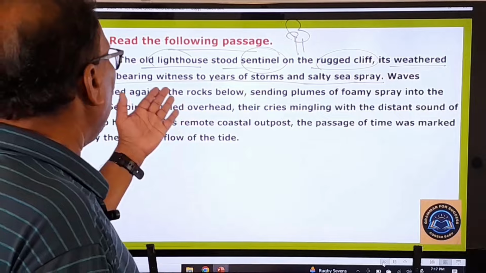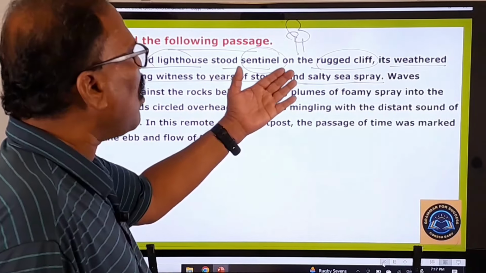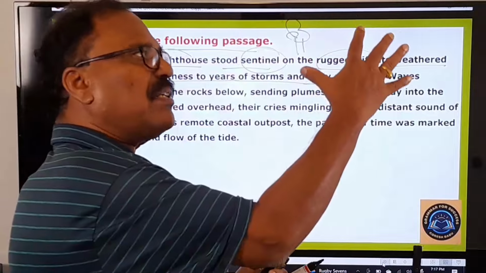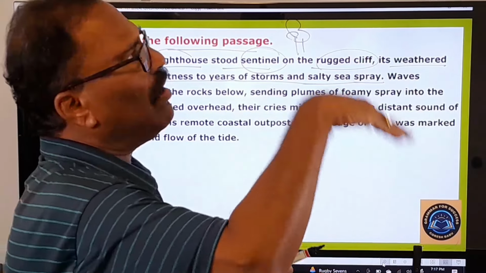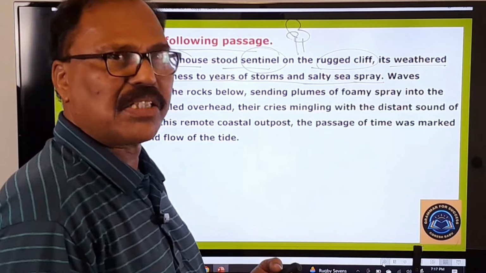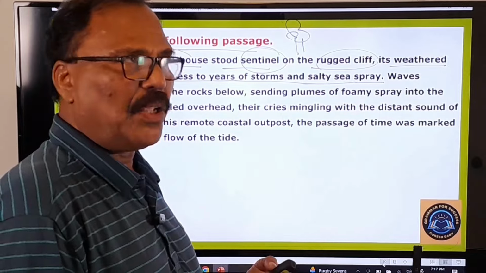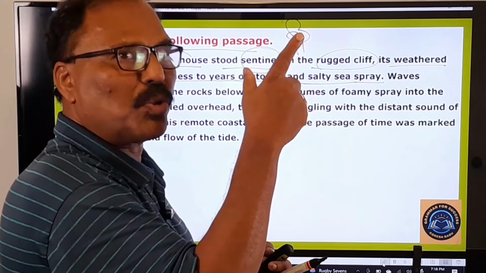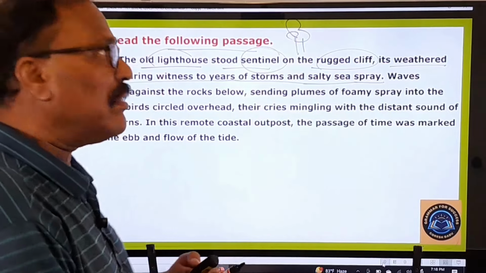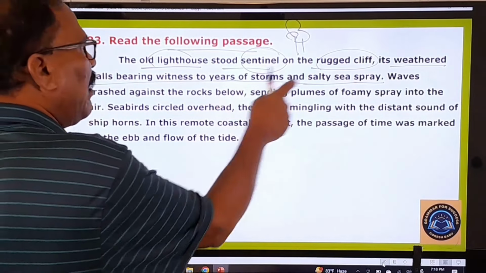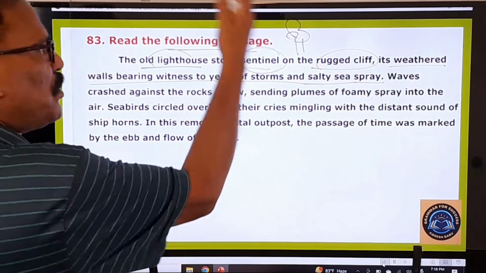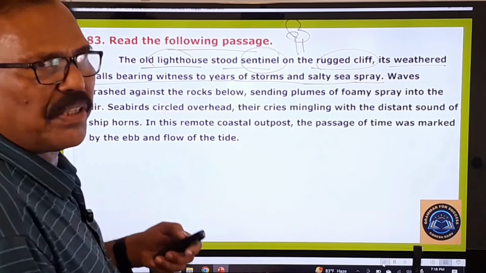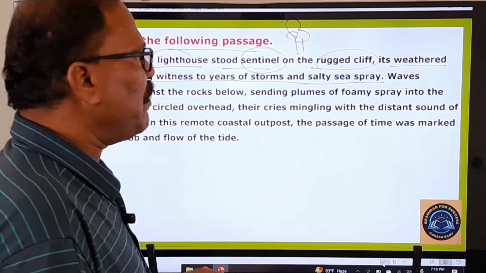Years of storms and salty sea spray. When the sea waves come and dash against this, you can find the froth on the walls of the lighthouse. On seeing that lighthouse, you understand that it has been there for so many years, because it is exposed to all kinds of weather, stormy weather, cool weather, chill weather, hot weather, whatnot.